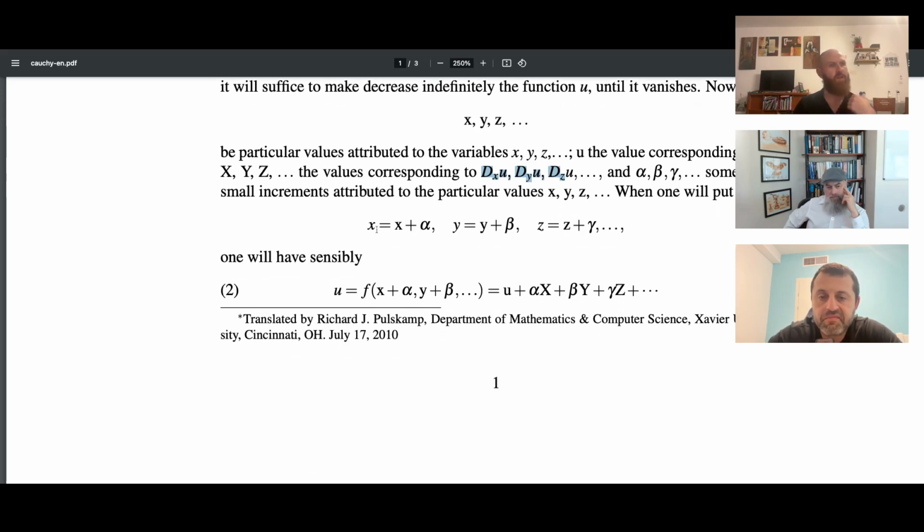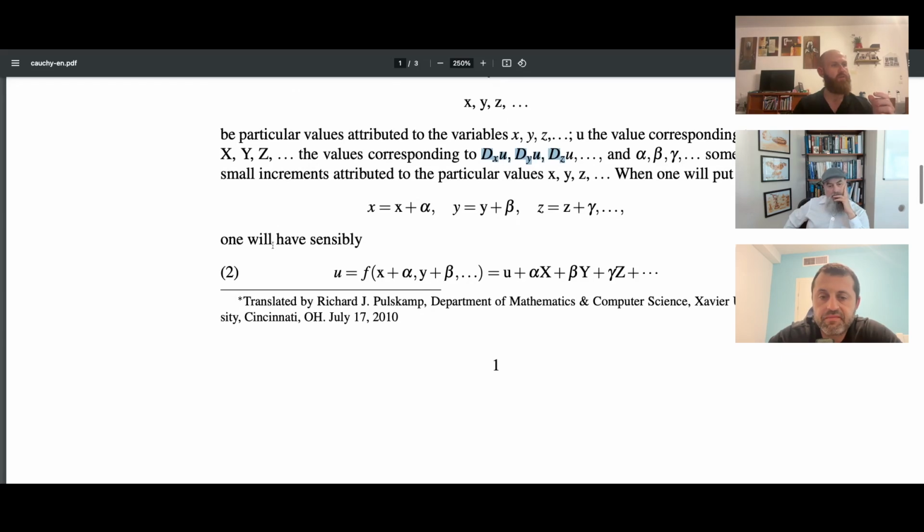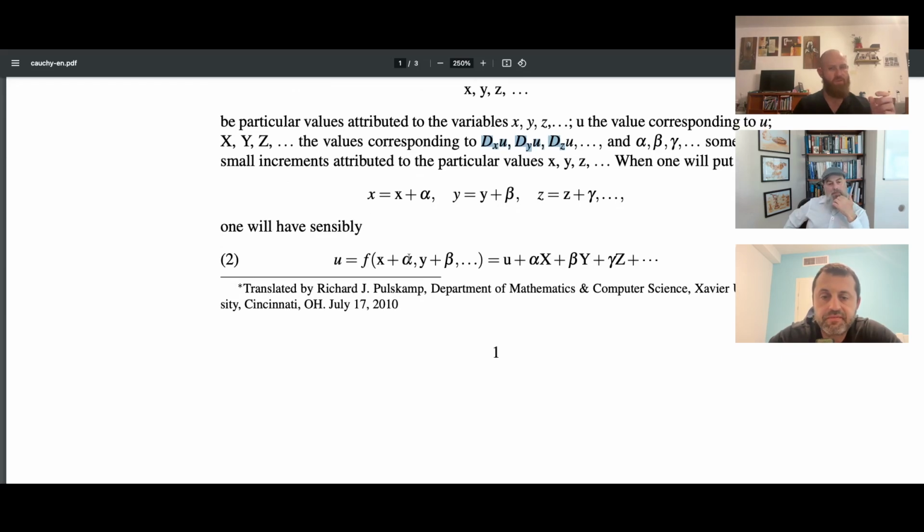So now he's doing a small step, right? He's saying the new x is x plus alpha, the new y is y plus beta, and z is z plus gamma. So that's like small increments. And then he says, okay, now this small increment around those values, it's like a Taylor expansion.